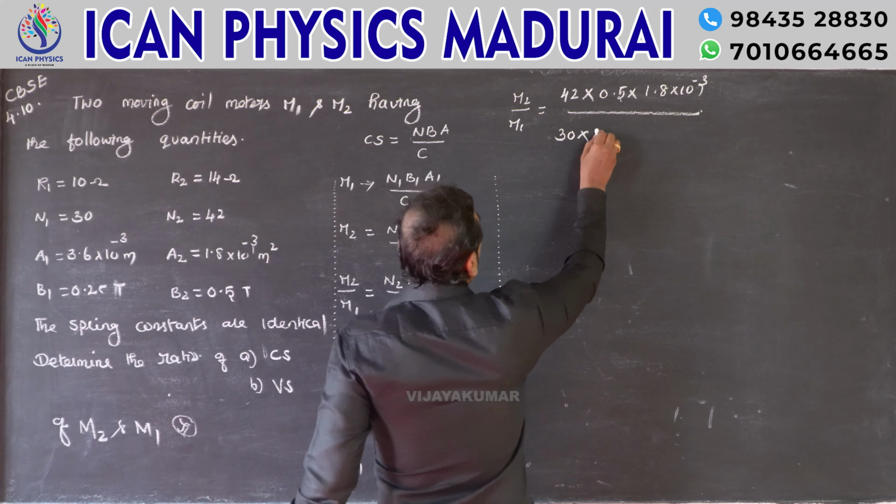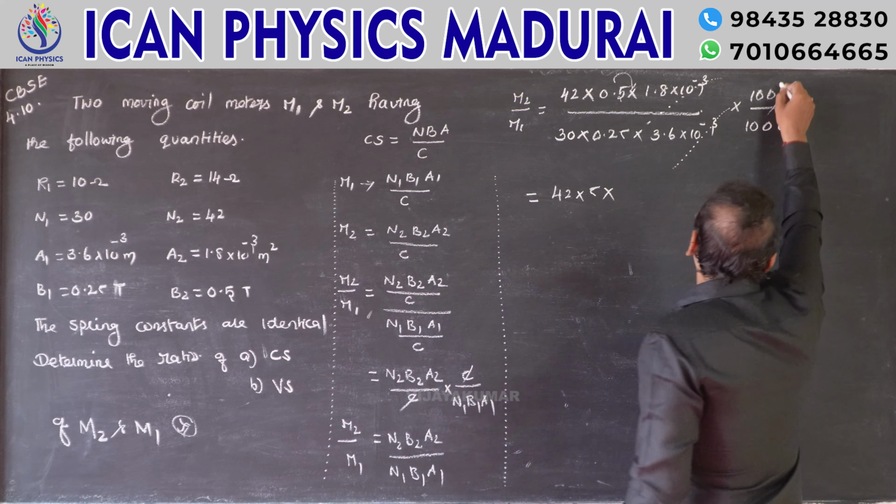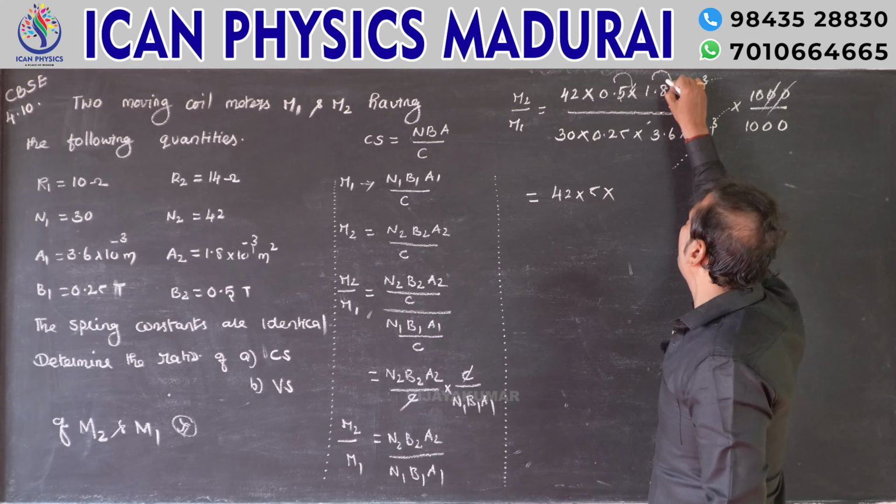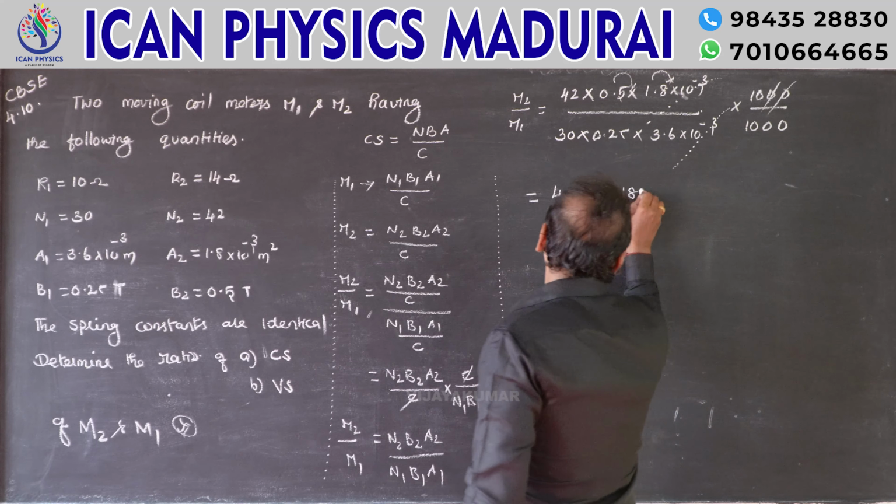First we can cancel minus 3 and minus 3. In the denominator we have 3 decimal places, so we multiply and divide by 1000. In the numerator, 42 for 10, 0.5 becomes 5, and 1.8 becomes 18.